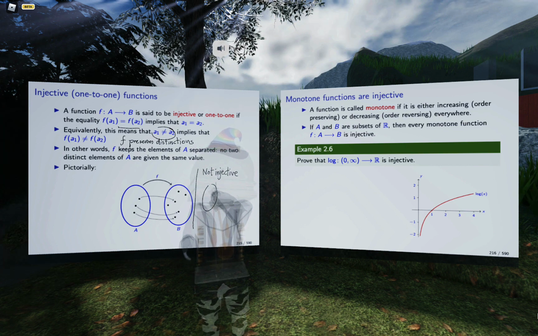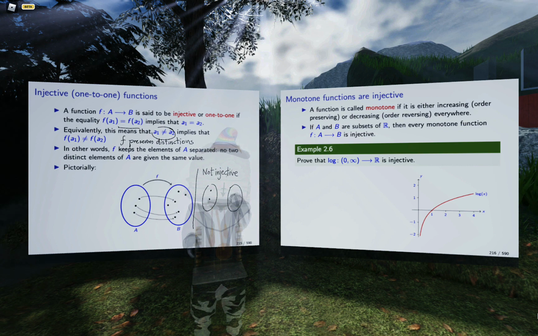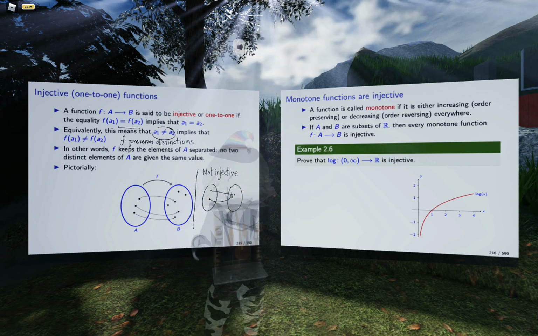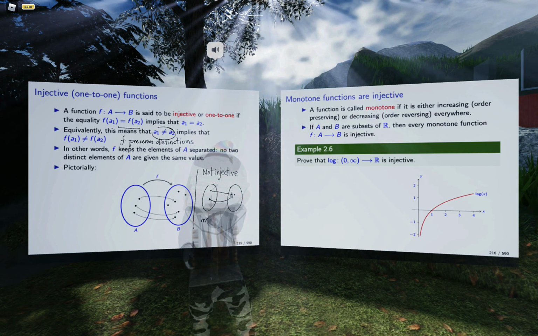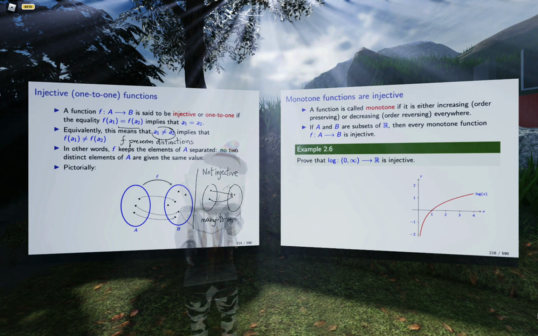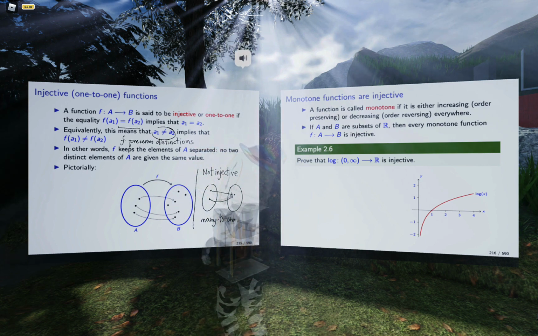Not injective would be a picture that has, say, two distinct inputs and maps them to the same output. And you would say this is many to one, for the obvious reason. And so by contrast, this is one-to-one.